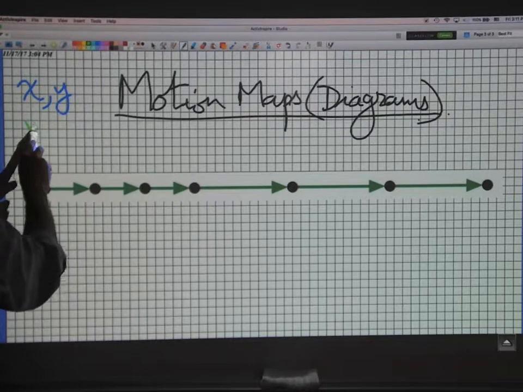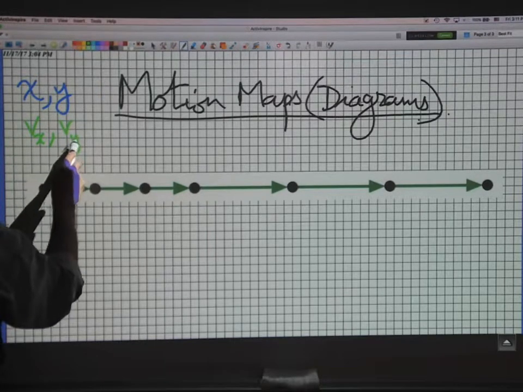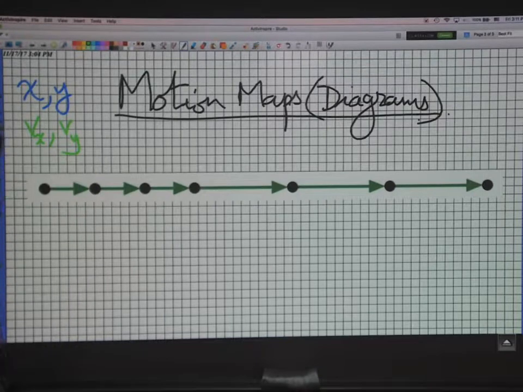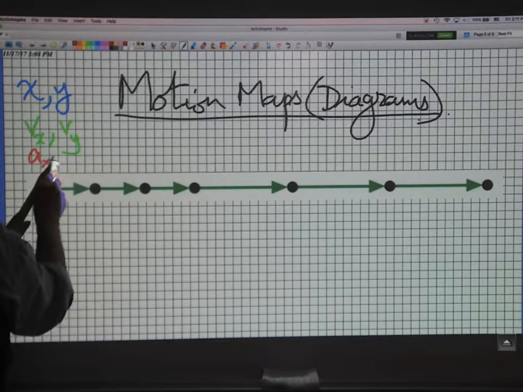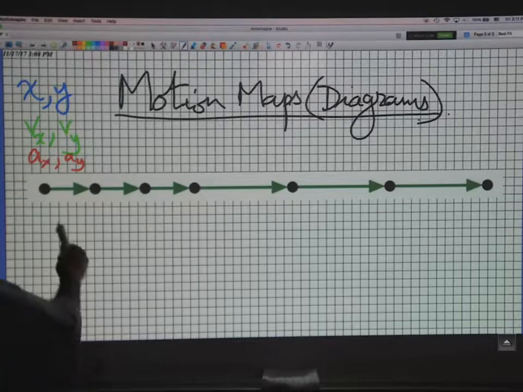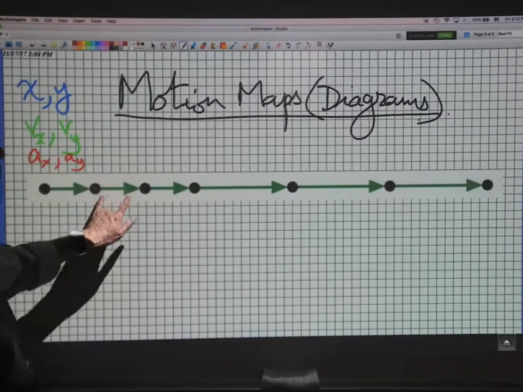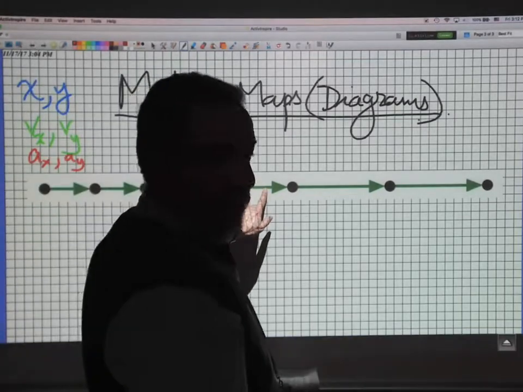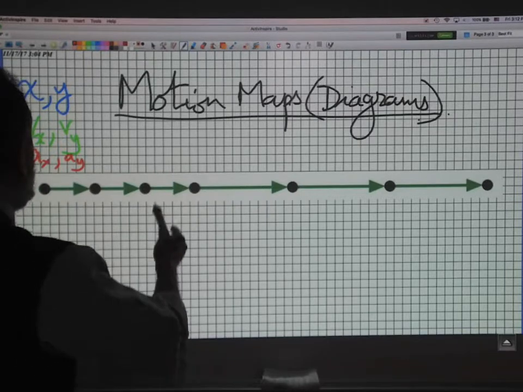Anything that is related to velocity, like V sub X, V sub Y, any V type of stuff, he represents in green. And anything involving acceleration, A sub X, A sub Y, etc., he represents in red. So in this case, you see that the motion map is represented by green vectors, or green arrows, okay? That means it's a representation of the velocity.